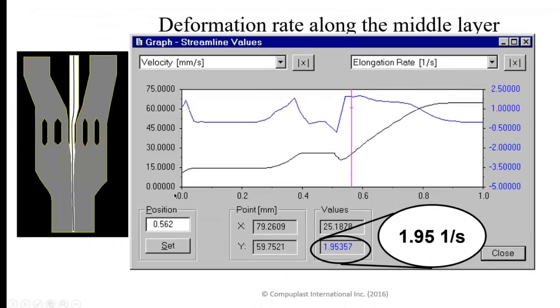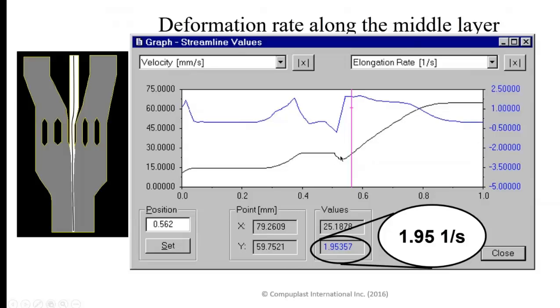And if we look at the velocity along a streamline in there, we see the initial pre-acceleration, and there's a small elongation created when the material is accelerated. But we can control the rate at which it accelerates by controlling the taper angle on the geometry.